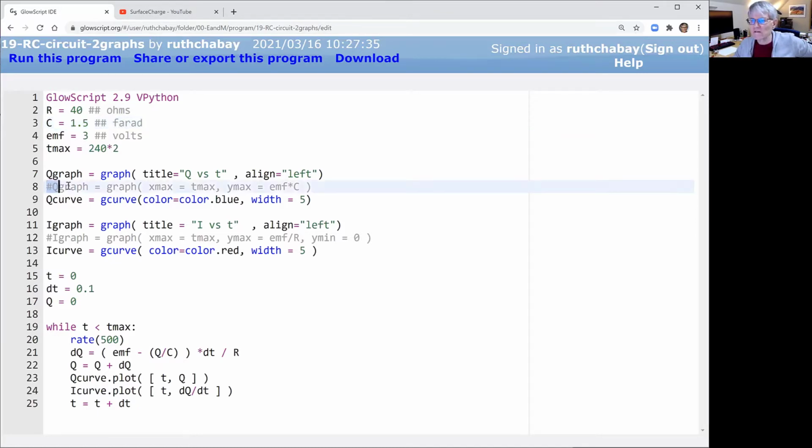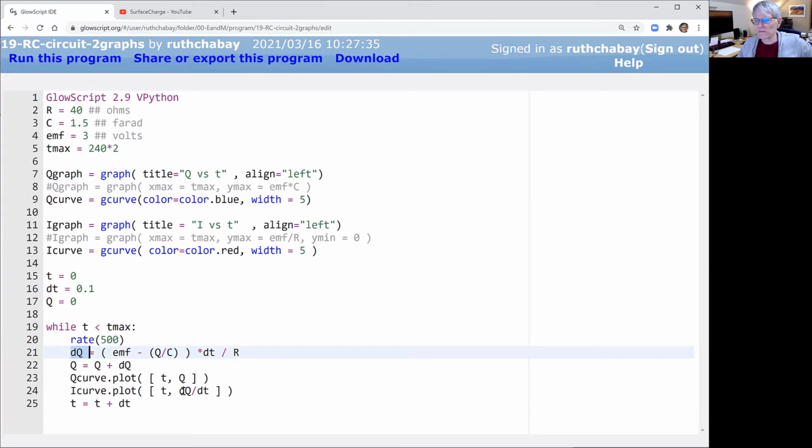And here we're just going to have a couple of graphs. We're going to graph charge on the capacitor, and we're going to graph current. So we start out with T equals 0. We take a dt. We have Q equals 0, and then this should look familiar. So here's our dQ: EMF minus Q over C times dt, the whole thing divided by R. Q is Q plus dQ, and then we plot Q, and to get the current, we just divide dQ by dt.